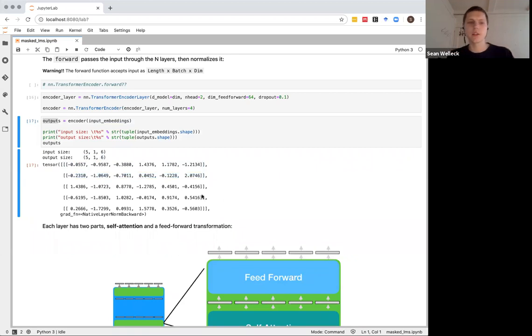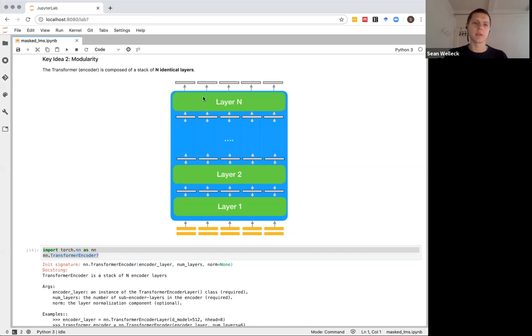So this is just concretely showing this diagram. The idea is that we give it some input vectors, and then after running through the network, we get some output vectors. And I guess they're being transformed along the way, so maybe that's why you call it the transformer.